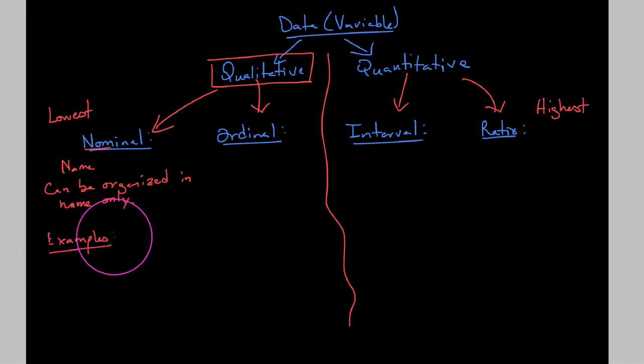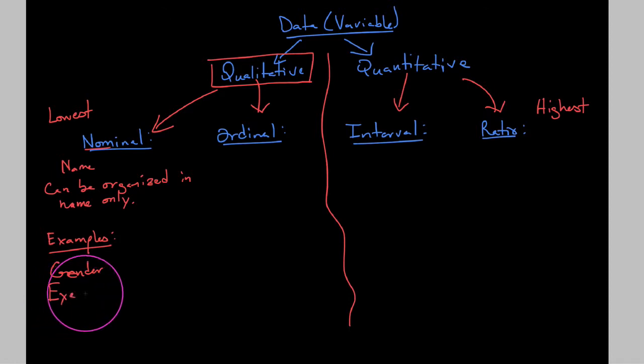Okay, so let's go ahead and write down some examples, I want to make sure that we have plenty of examples here. Examples of this would be things like zip code. Gender, there's a good one. Like gender, you're either male or you're female, but I can't necessarily say one comes before the other one. Or we could say eye color.